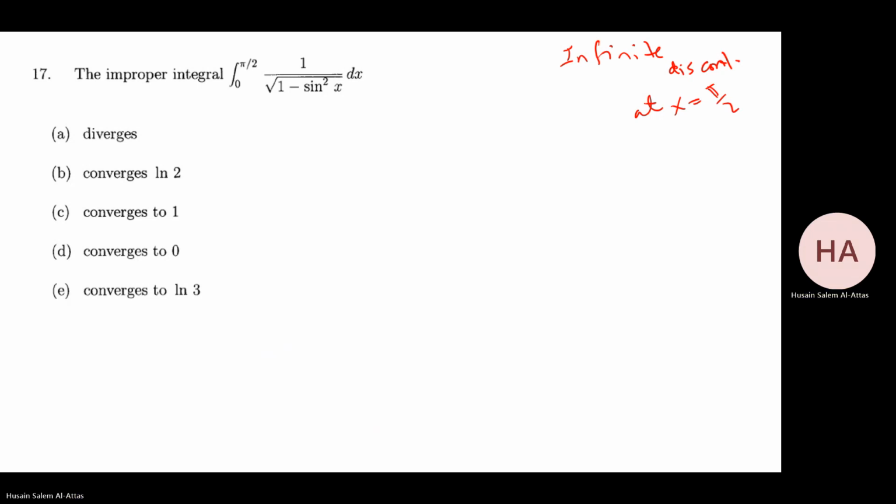And what is the square root of 1 minus sine squared? This will be the square root of cosine squared, and that will be the absolute value of cosine x. But within 0 to pi over 2, cosine is positive, so I have no problem.